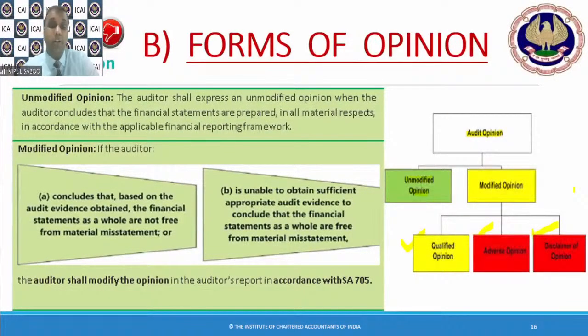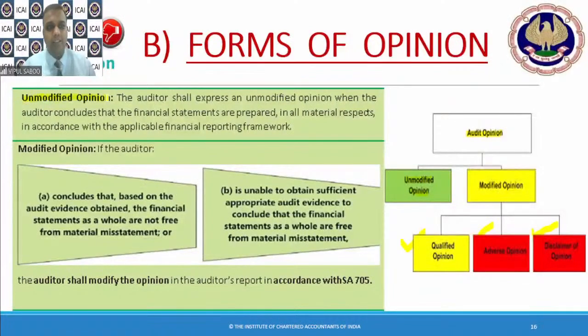How does the audit report get modified because of a modified opinion? How is it different in the case of qualified, adverse, and disclaimer of opinion? Quite interesting. So let's come to the first case, unmodified opinion.